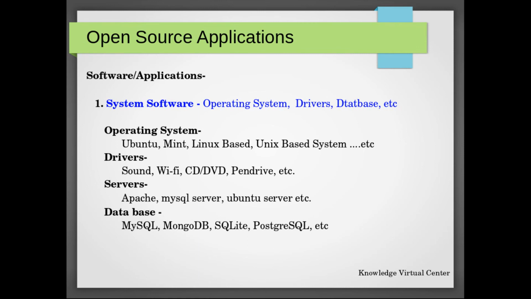Next is the system software called database. Here very famous databases are MySQL, MongoDB, SQLite, PostgreSQL, and so on. Their categories are broad and their market coverage is also very large.